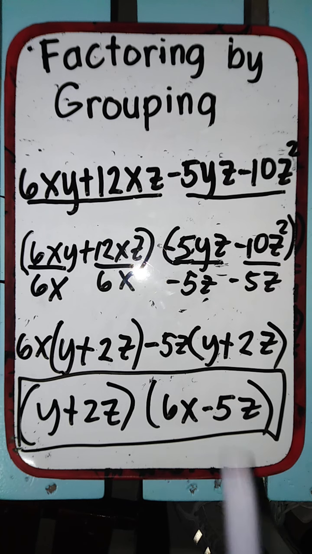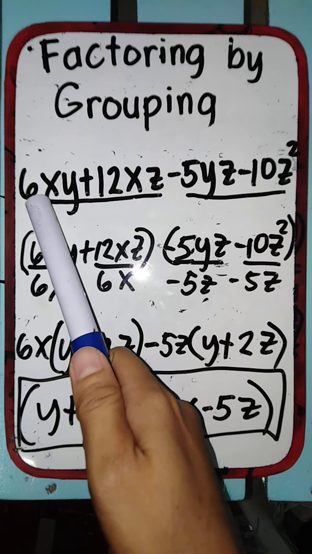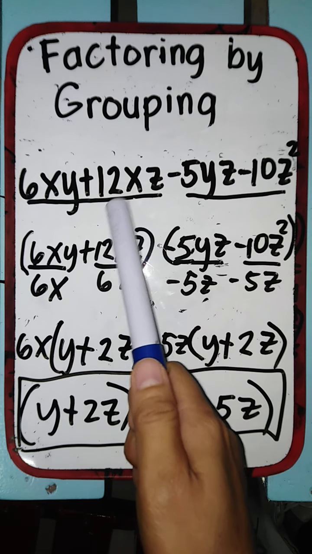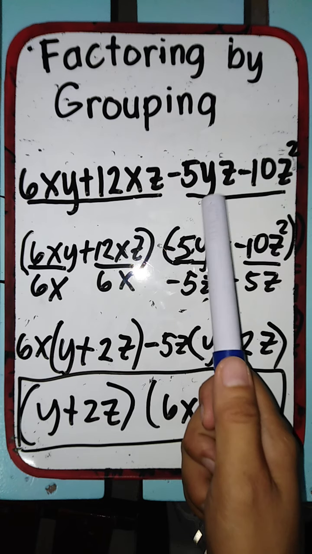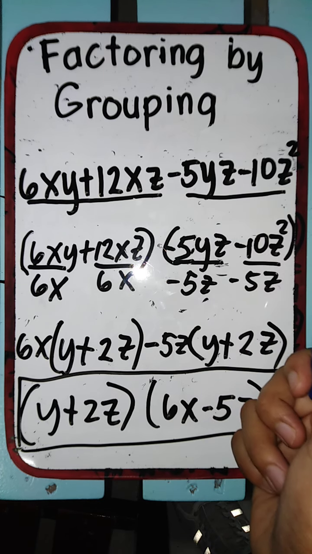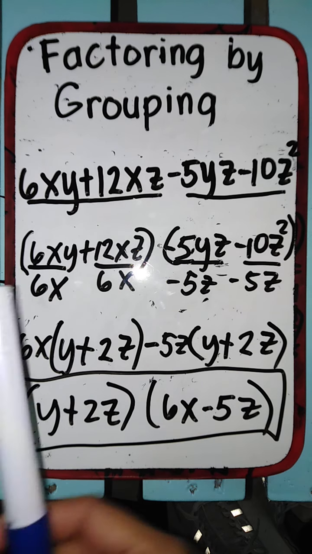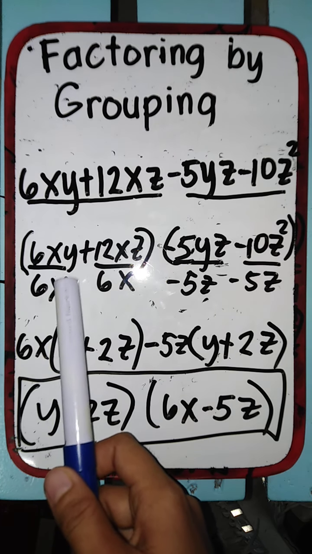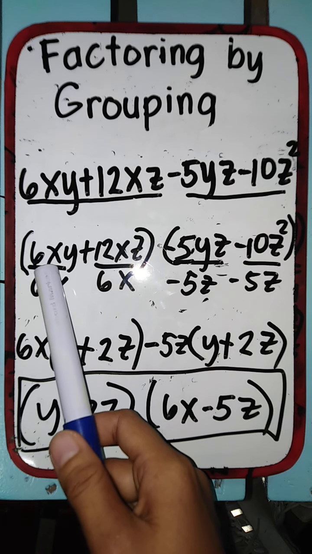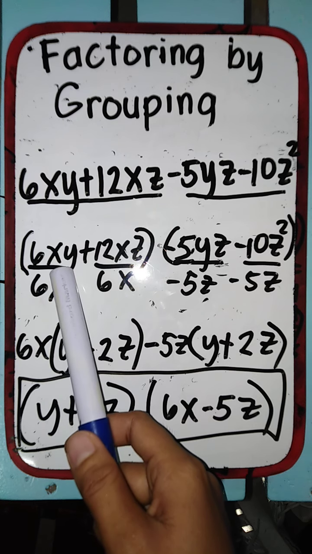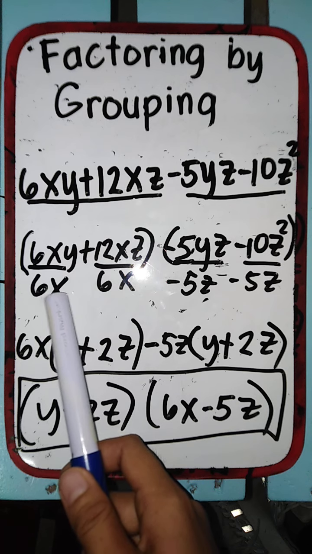So we are going to group this into 2. Our first group is 6xy plus 12xz, and our second group is negative 5yz minus 10z squared. We group this according to its common factor. So 6xy plus 12xz, we are going to find its common factor. 6xy and 12xz, their common factor is 6x.